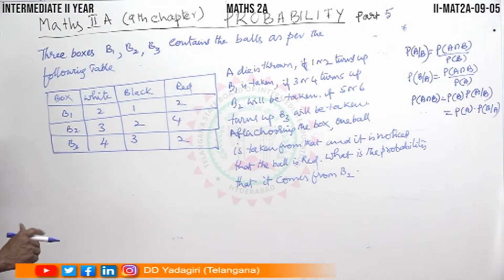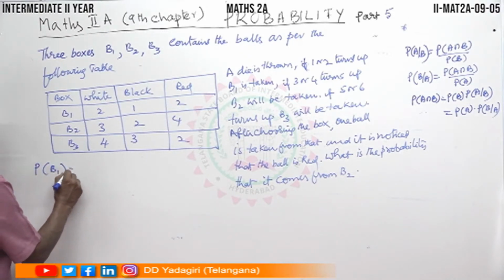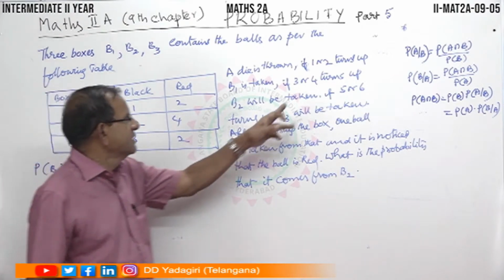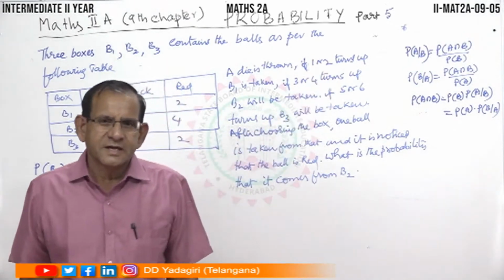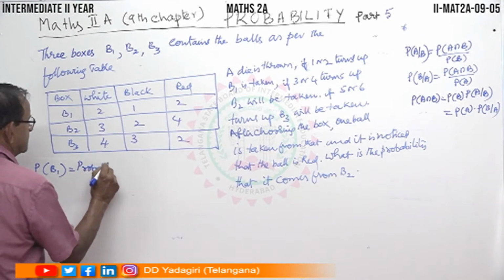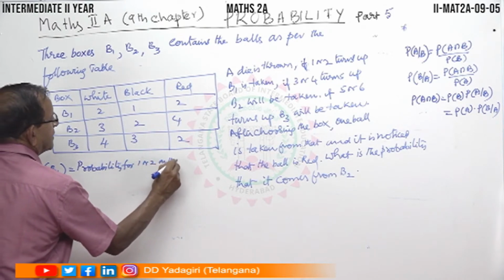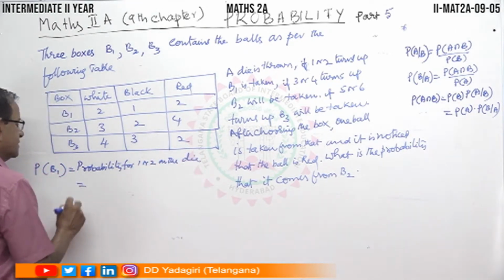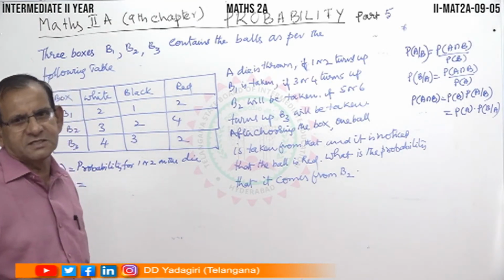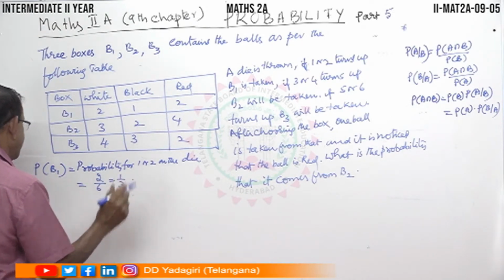Now let us consider P of B1 first, the probability for getting box 1. To get box 1, 1 or 2 should come on the die. What is the probability for getting 1 or 2? 2 numbers out of 6, that is 2 by 6, equal to 1 by 3.